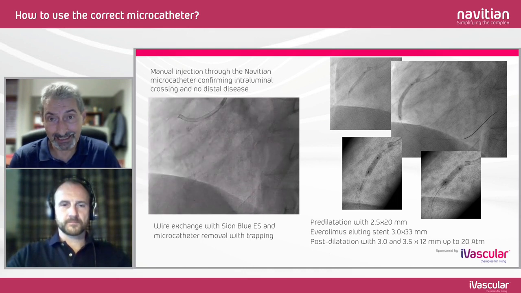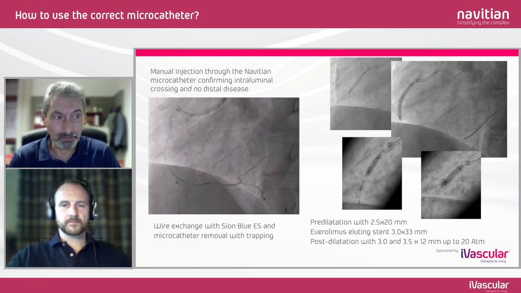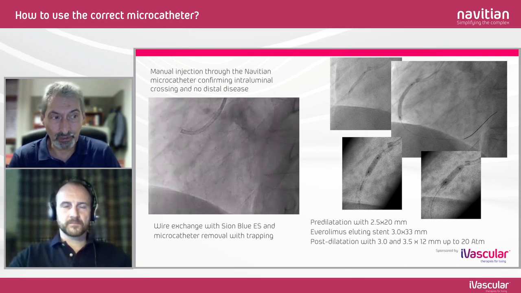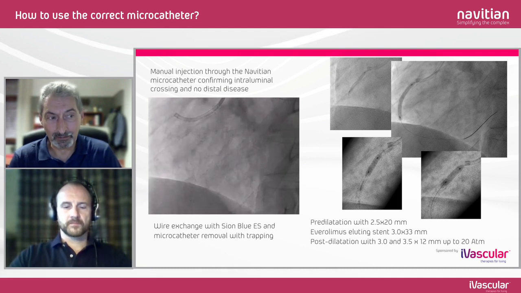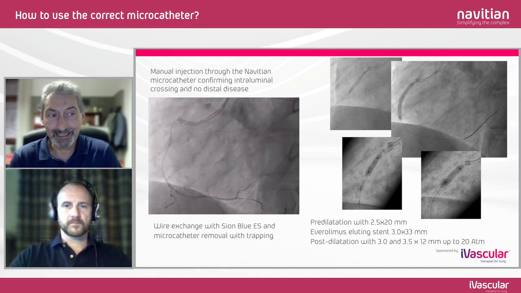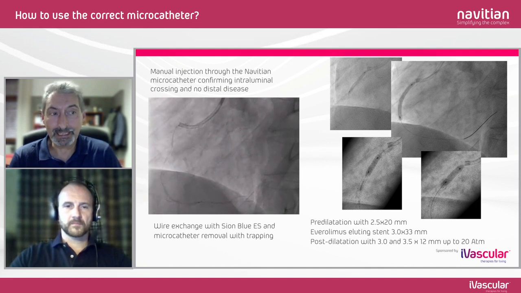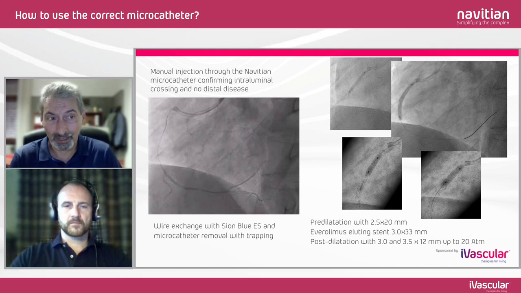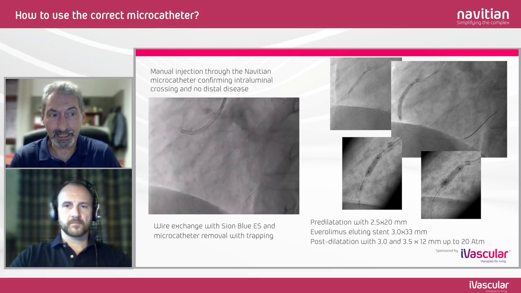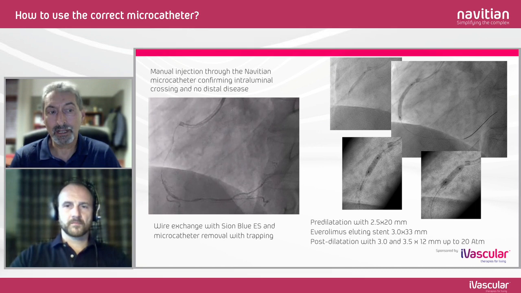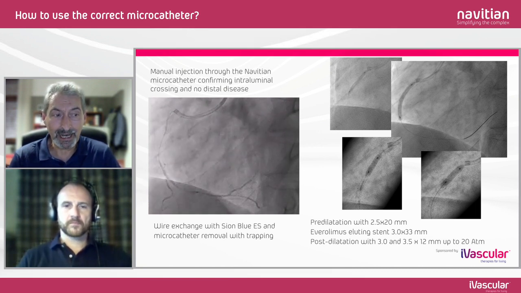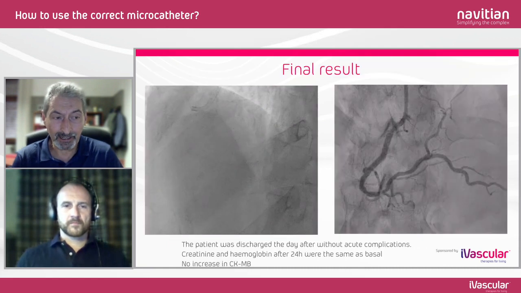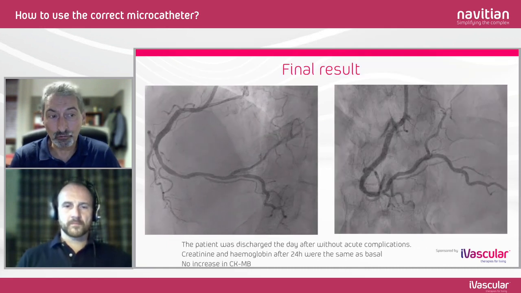We have shown last time how to do it. You simply advance a balloon, blow it up near the tip once you have withdrawn your microcatheter, and by keeping the wire in place this way, you will then re-advance a normal monorail, like in this case for pre-dilatation, stent implantation, post-dilatation with a 3.5 millimeter balloon up to 20 atmospheres to achieve the final result that you see here in two views.